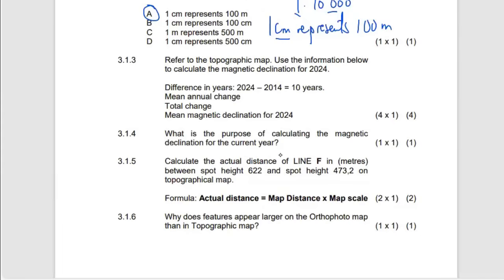Let's use this as an example. Let's say our mean annual change is maybe 2 minutes to the west. So if our mean annual change is 2 minutes to the west, we are saying we want to calculate the magnetic declination for the map for 2024. Right. So we are saying it's 2 minutes to the west, let's say as an example.